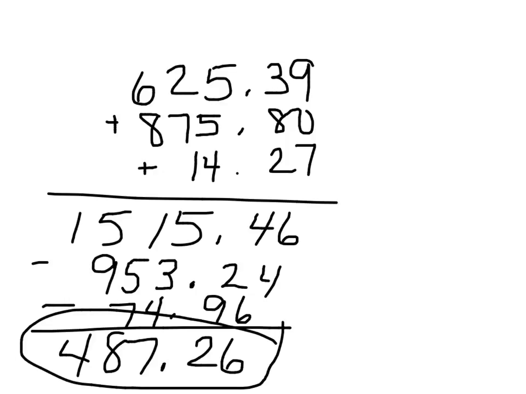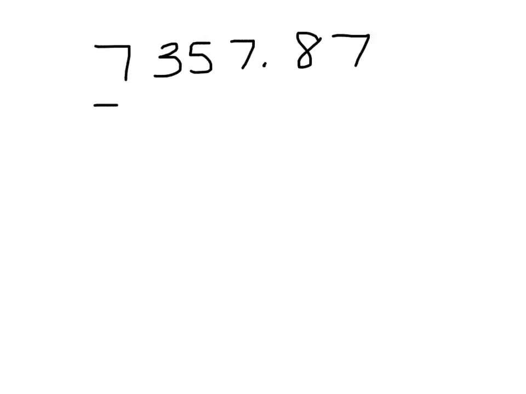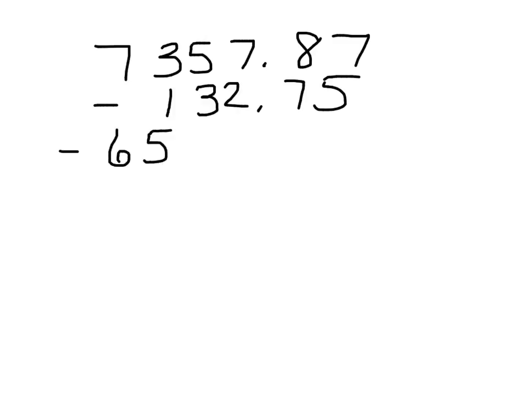You end up with, or you start out with $7,357.87. You wrote a check for $132.75. Then you had an automatic transfer of $6,544.55.